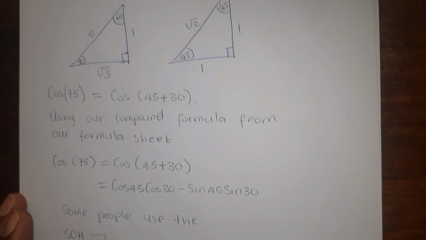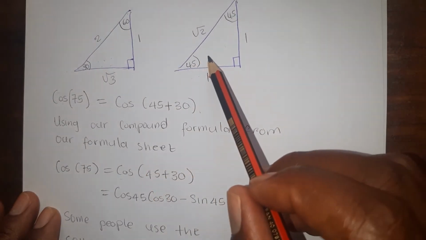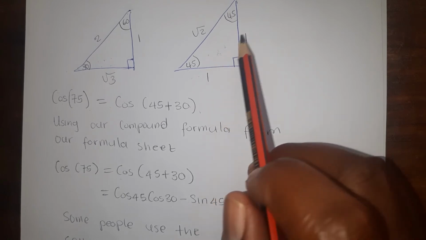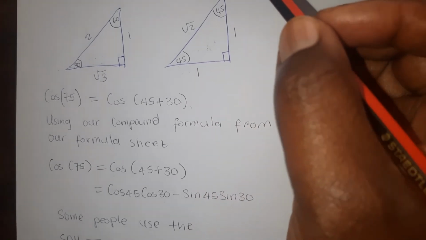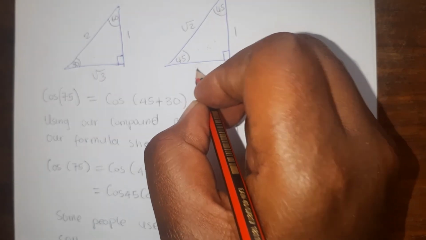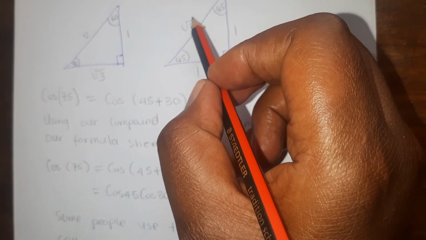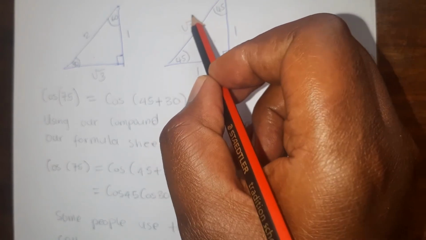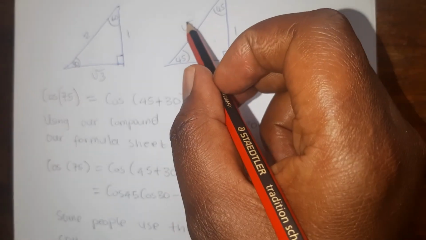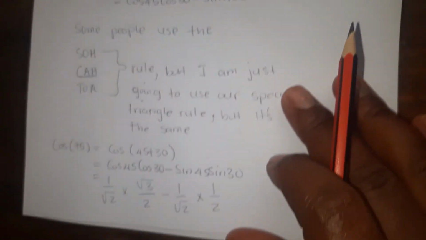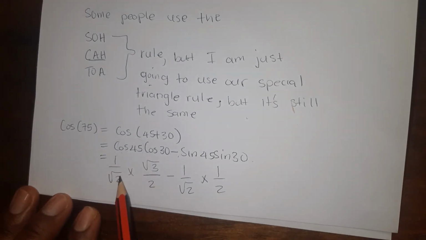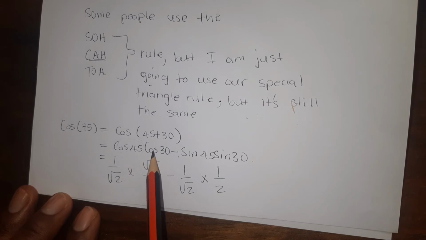So when we look at it in the 45 degrees triangle, our 1 is our adjacent, and our square root of 2 is our hypotenuse. So it's going to be 1 over square root of 2. So our cos 45 is going to be 1 over square root of 2 times cos 30.